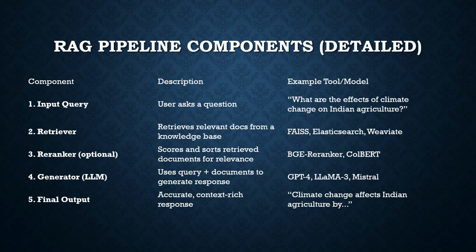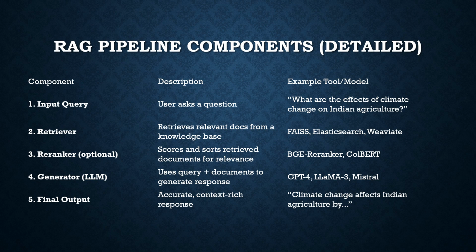These are the important components of the RAG pipeline, which we will use to build it. We'll go step by step, where the user writes a query. Here I have taken the example: what are the effects of climate change on Indian agriculture.